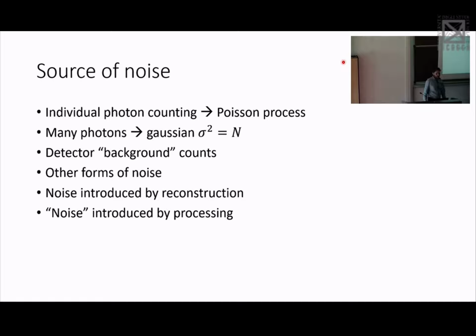Some detectors can have some level of background counts. There are other forms of noise, and then there is the noise also introduced by the reconstruction algorithms and by the processing, which can be either introduced or maybe transformed in shape, like going from low frequency to high frequency.